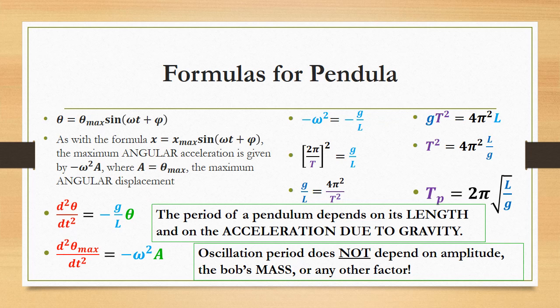But for a mass on a spring, mass is a factor that influences period. Remember the old formula, the first one we derived, it basically looked the same. It's just what's under the radical that changed. It was the square root of mass over the spring constant. So that is important because one of the two periods does depend on mass and the other one doesn't. Here we only care about L and g.